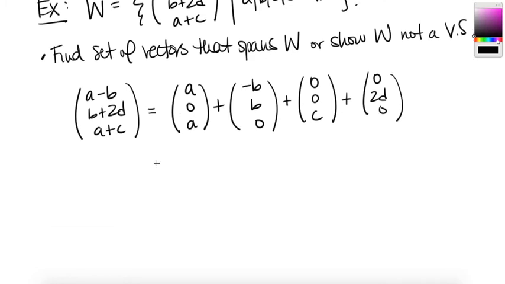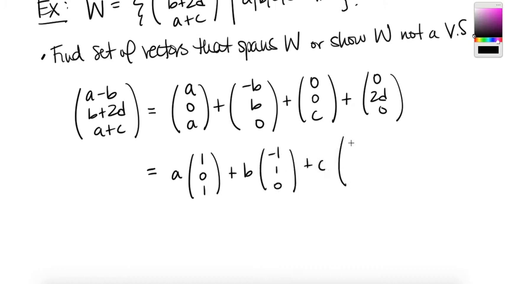And then now, just like we would with variables when we're solving, we could bring that A out. We could bring the B out. We could bring the C out. And we could bring the D out. And you might be asking, why is this really nice for us?